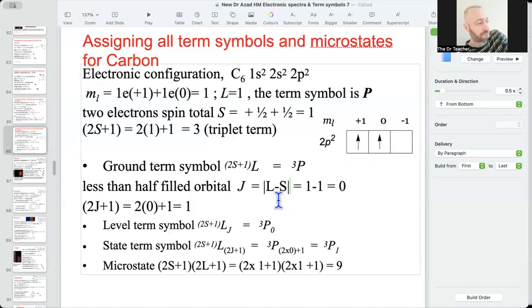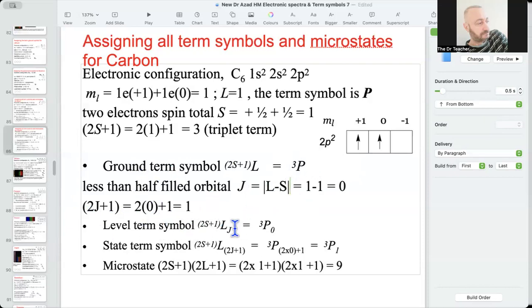So L minus S: L is 1, S is 1. The total is 0. In 2J plus 1, you replace the J by 0, and end up with 1. So now we can assign the ground term symbol as P3.